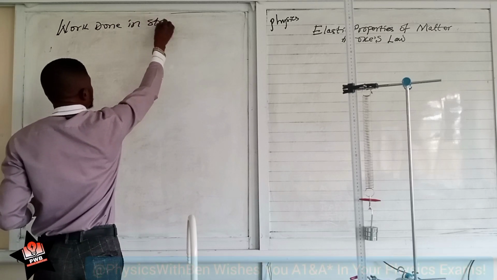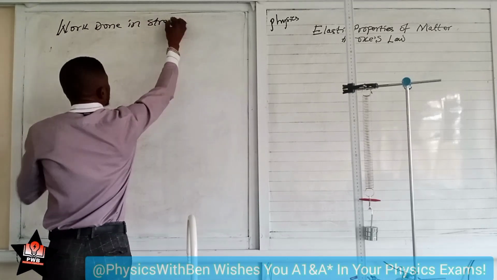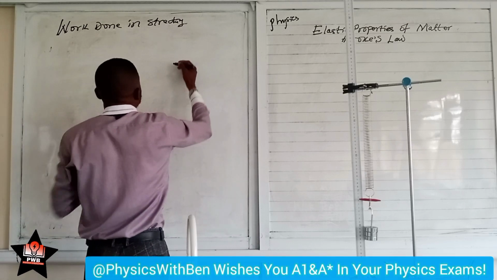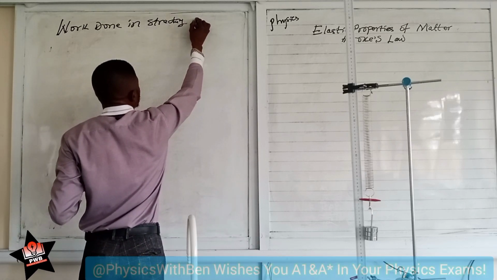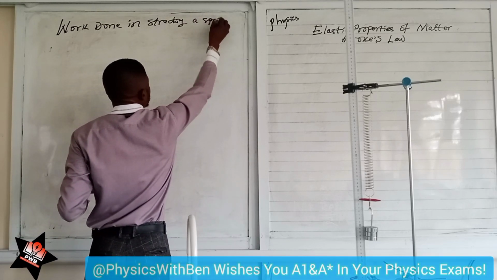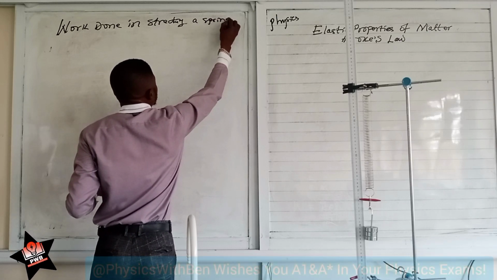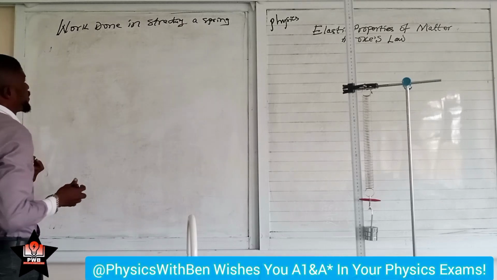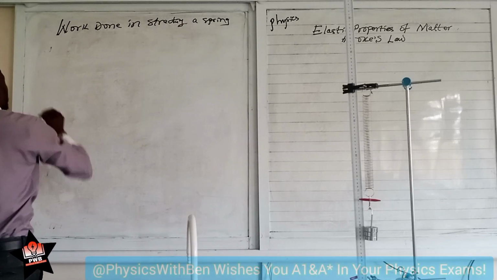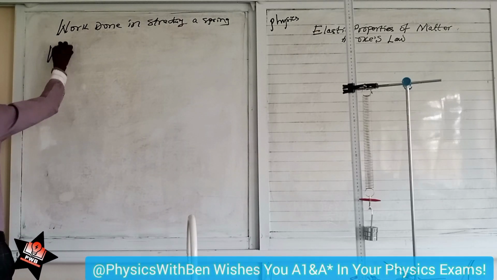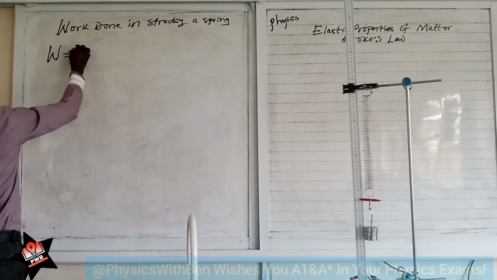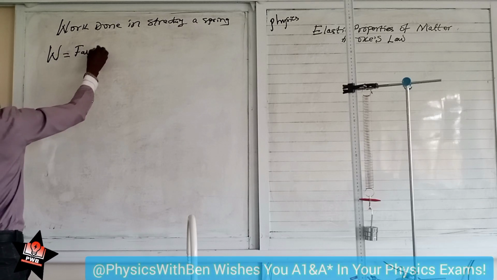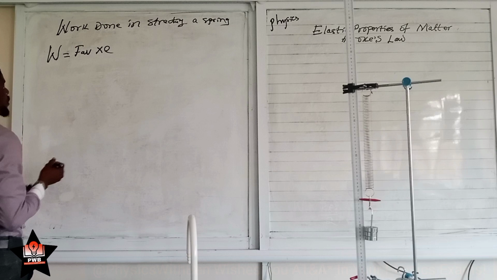So the work done in stretching a spring is given to be W is equal to the average force times extension.